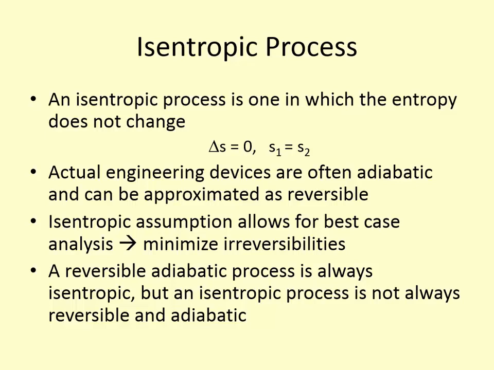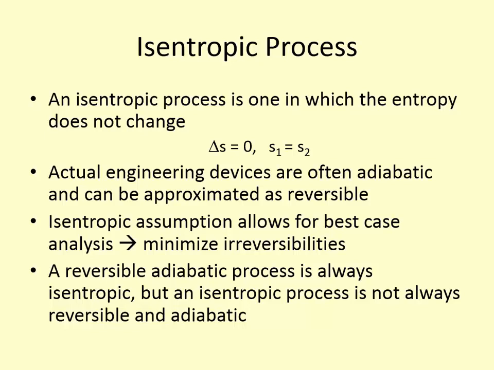So let's say that you're losing some of your energy due to friction, but you're also adding heat to your system, that you're taking into account the loss of entropy, or the decrease in entropy due to these irreversibilities, and then either removing heat or adding heat, depending on if your process is an entropy loss or an entropy gain. So you can make a process isentropic even if it's not reversible and adiabatic by adding heat or removing heat, or taking into account these irreversibilities in some other way.